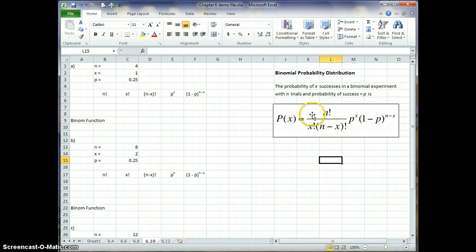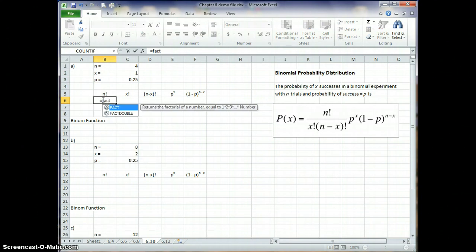So we've got this big formula over here. What I've done is broken it down. So the first thing we want to calculate is n factorial. The way we do that is we type equals FACT, which you can see here returns the factorial of a number equal to 1, 2, 3, whatever.